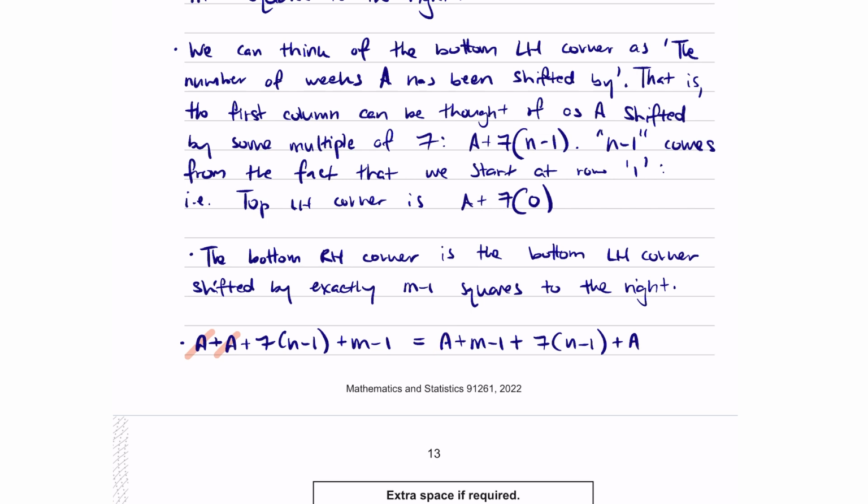So what does that mean? Well, this implies 0 equals 0, which is a tautology, which means that this is always true, as required. And that's the end of our proof.